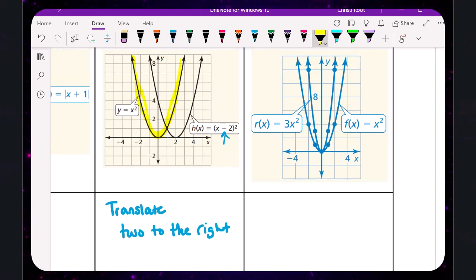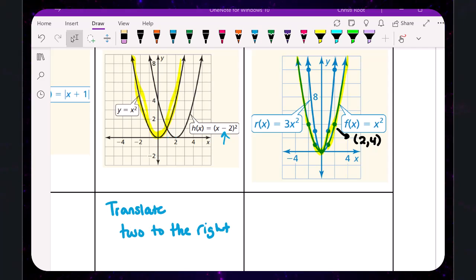This one's a little bit trickier. You can see that our original one is right here, and it looks like the graph has been pulled up, so that's going to indicate a stretch. And you can kind of see that this is 2, and the 2 is now going to be a 6. Let me look. Okay, I have to pay attention to the scale here. So this point is at 2, 4.